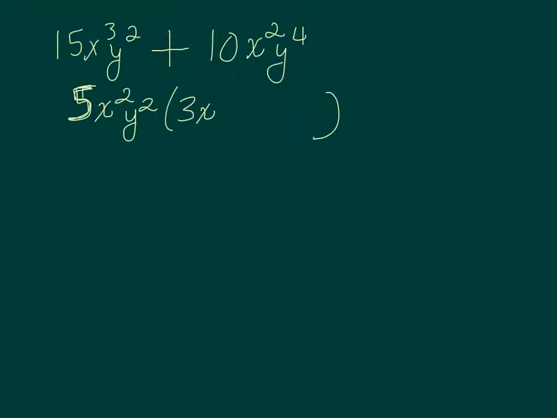Alright, I had 2 y's, I took both of the y's out, so I don't have any y's left. Plus 10 divided by 5 is 2. And I had 2 x's, I took both of them out, so I don't have any x's left. But I had 4 y's, and I only took 2 out, so I'm left with 2 y's.